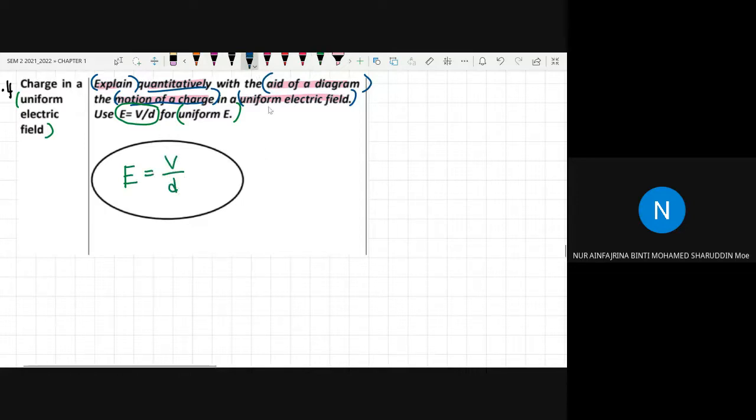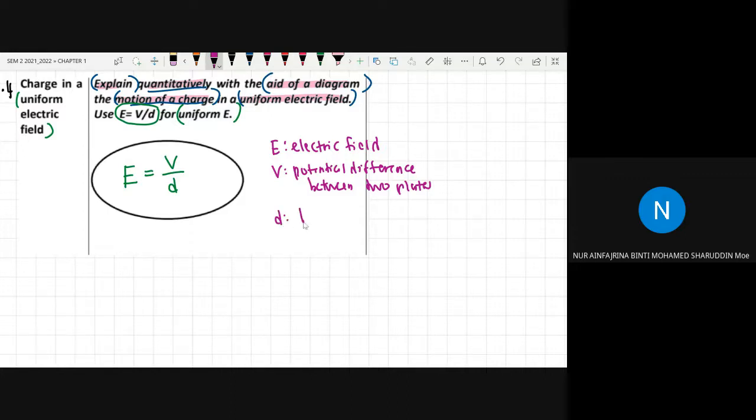Di mana awak punya E adalah electric field, which the unit is Newton per coulomb, and V adalah electric potential, potential difference between two plates, and then d adalah distance between two points.